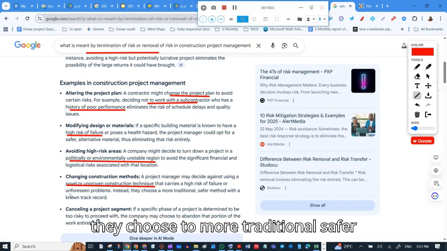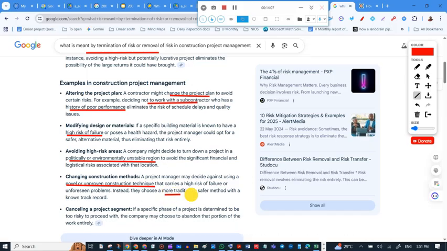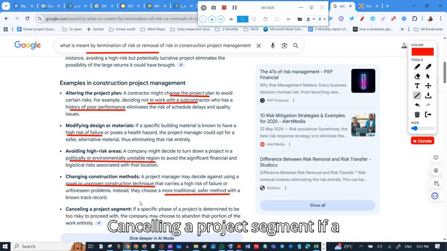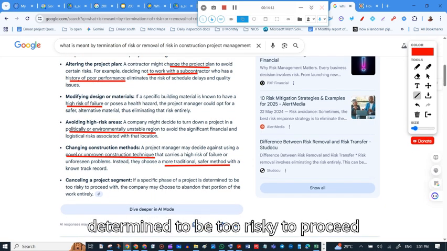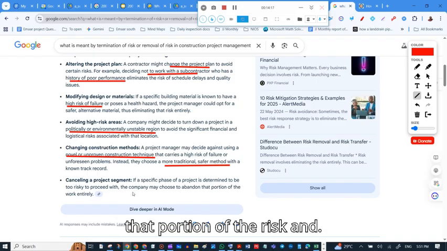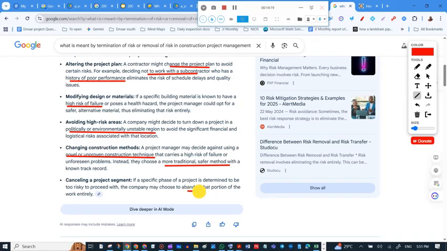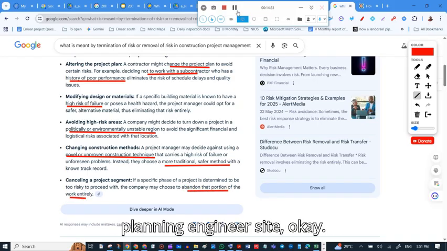Instead, they choose a more traditional, safer method with a proven track record. Cancelling a project segment: if a specific phase of the project is determined to be too risky to proceed with, the company may opt to abandon that portion entirely. So we have some more risks on the planning engineer side.